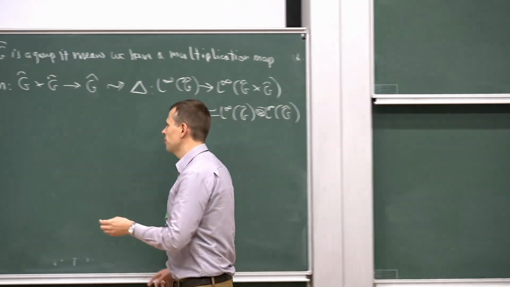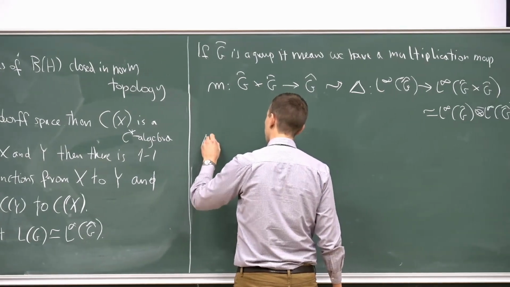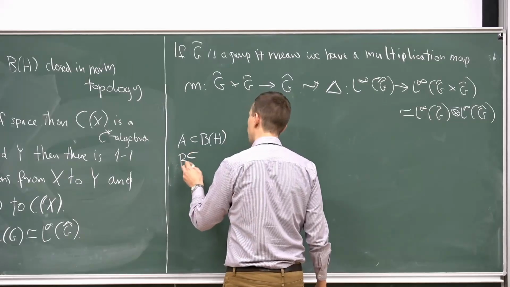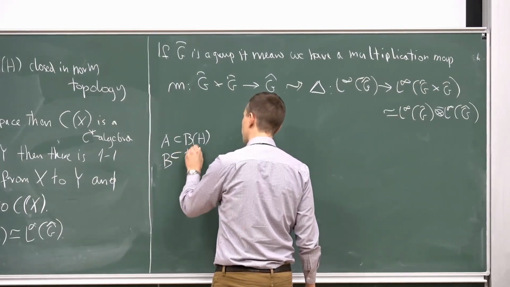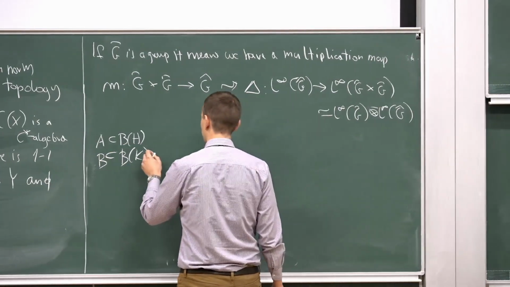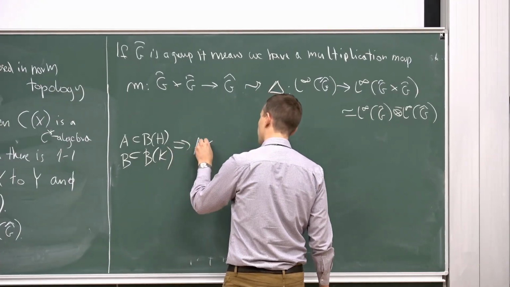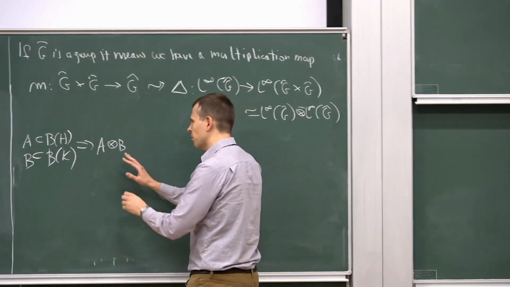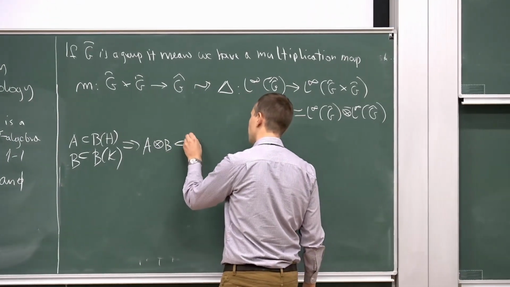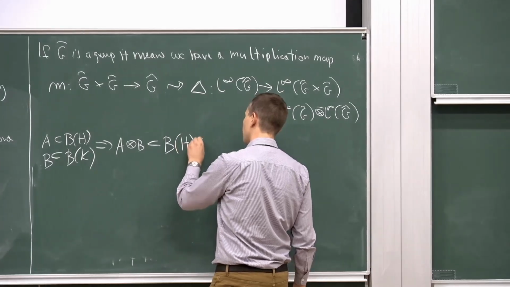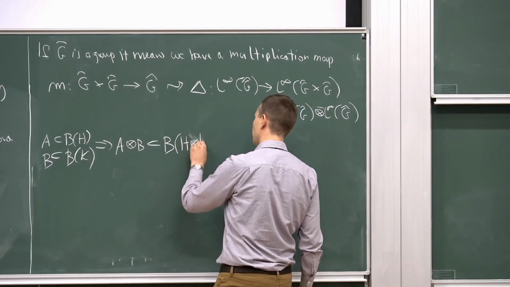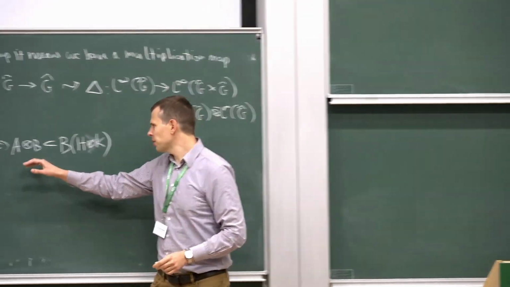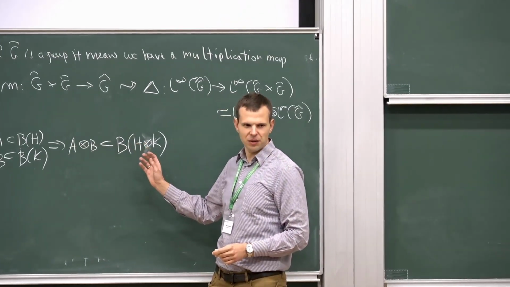Say A is inside B of H, so that would be one C-star algebra or von Neumann algebra, and B would be inside some other B of K. Then you get A tensor B, the algebraic tensor product, which will sit inside operators on H tensor K. If you want to do it for C-star algebras, you would take the norm closure of this and obtain a C-star subalgebra.